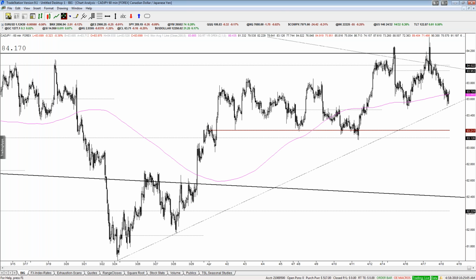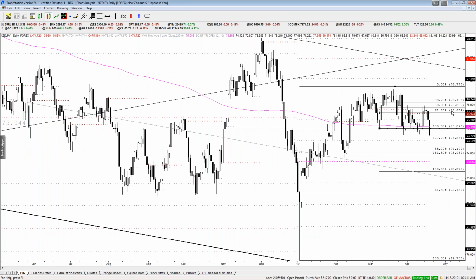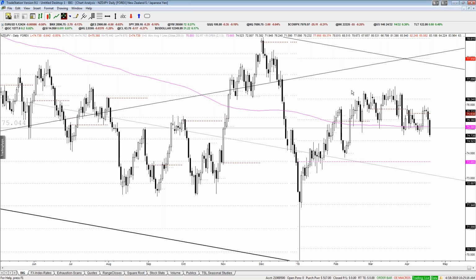Favorite setup on the yen crosses at this point is going to be Kiwi yen. Clearly, you've got a big rolling over breakdown here, okay? So with the Kiwi yen, you'd be looking for, this is a head and shoulders break.